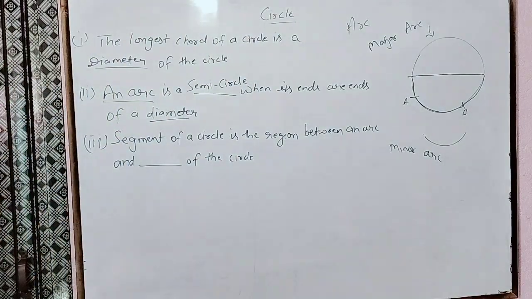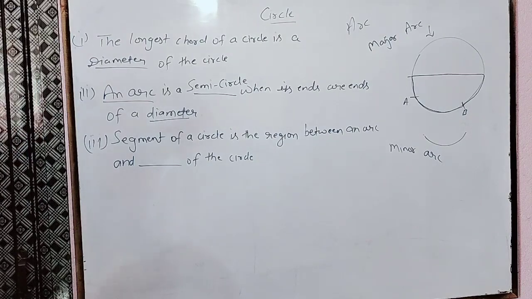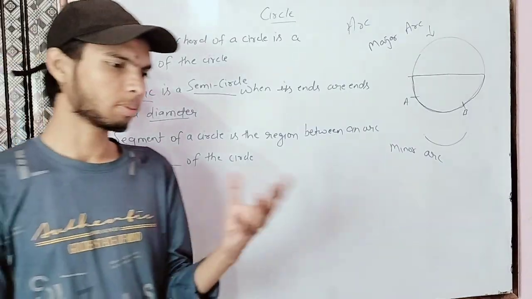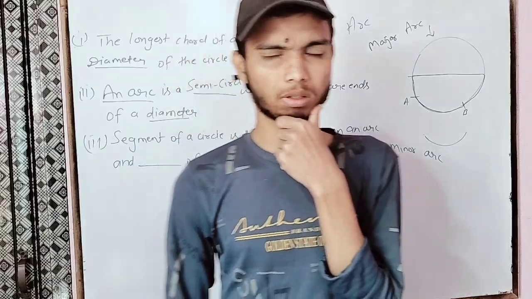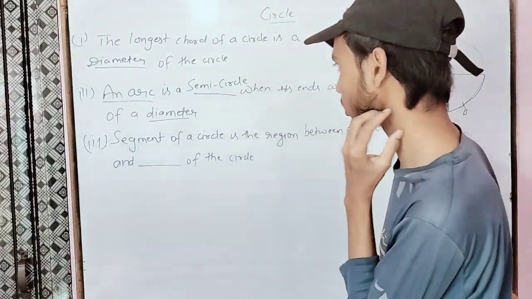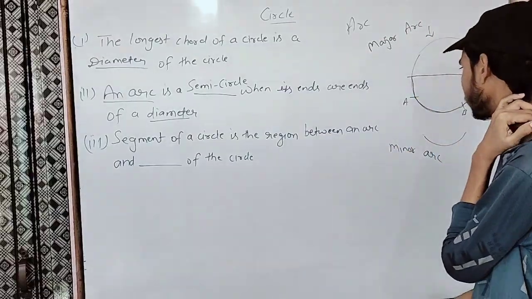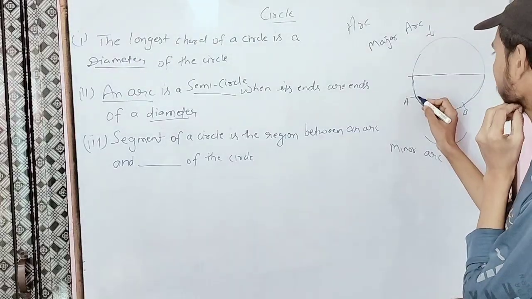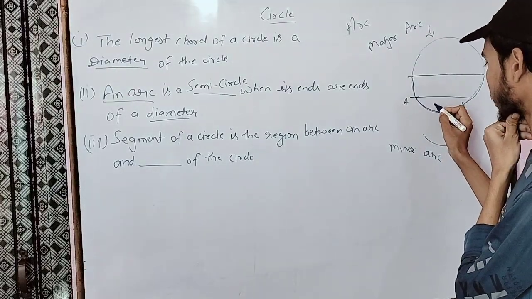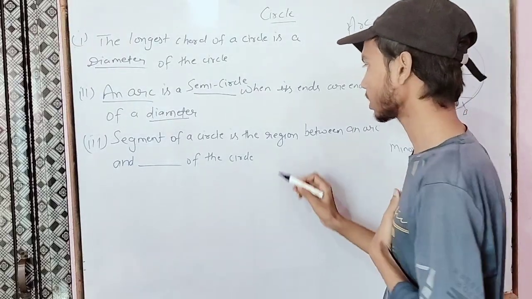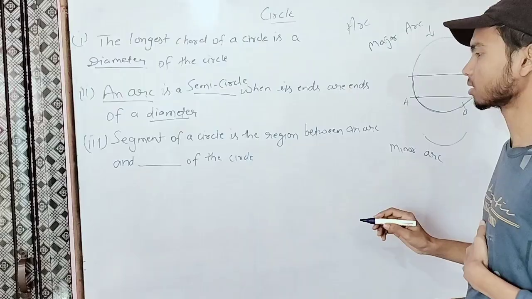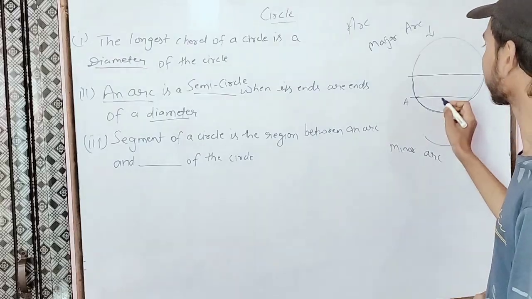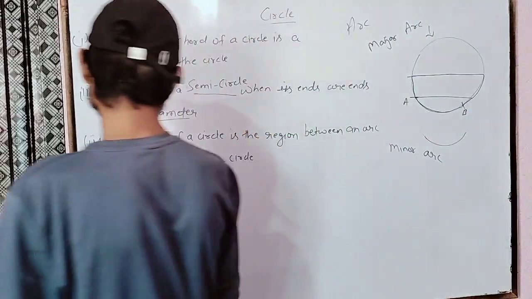Now read this question. The question is saying segment of the circle. We know that a segment is an area. Segment of a circle is the region between an arc and a chord of the circle.